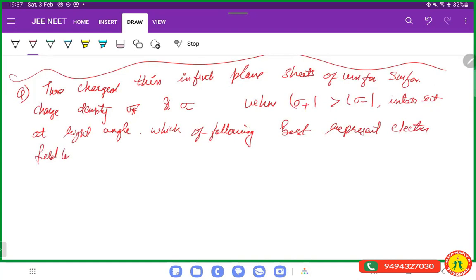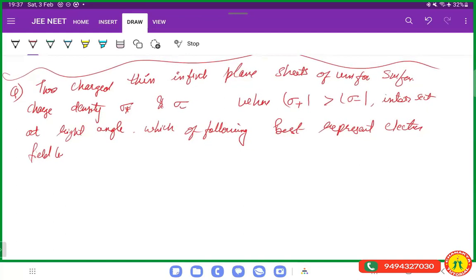So two charged infinite plane sheets of uniform charge density sigma plus and sigma minus, where sigma plus is greater than sigma minus, intersect at a right angle. Which of the following?